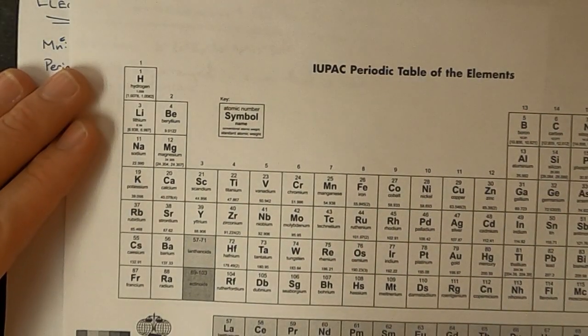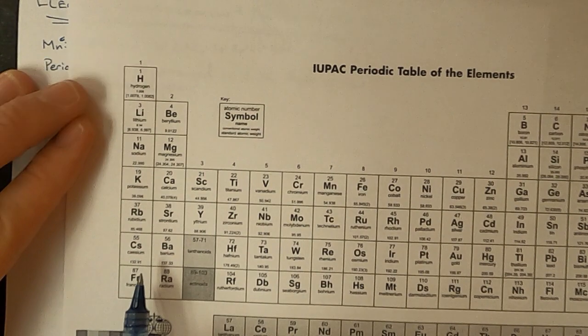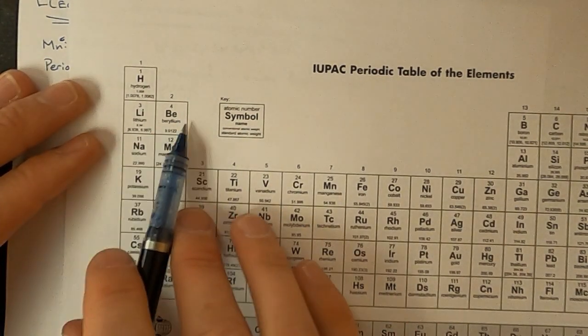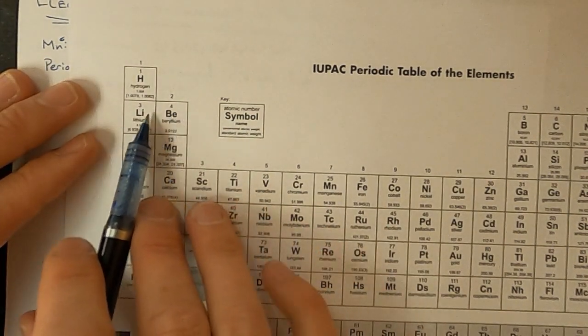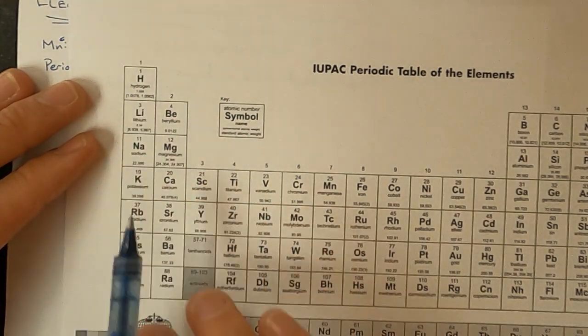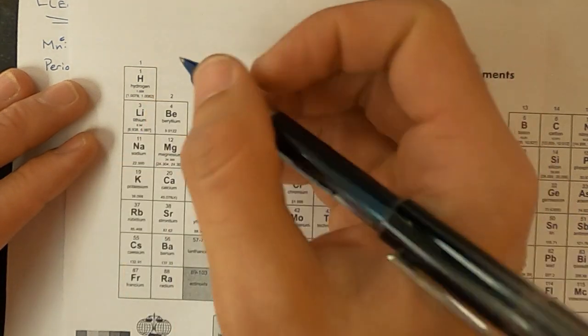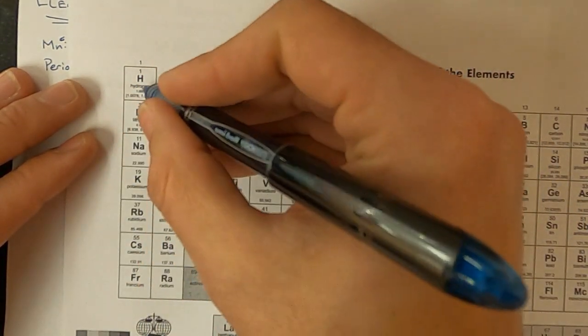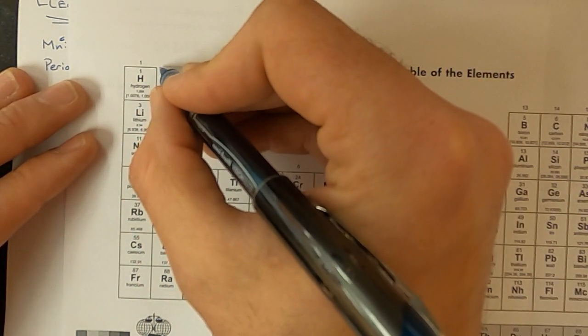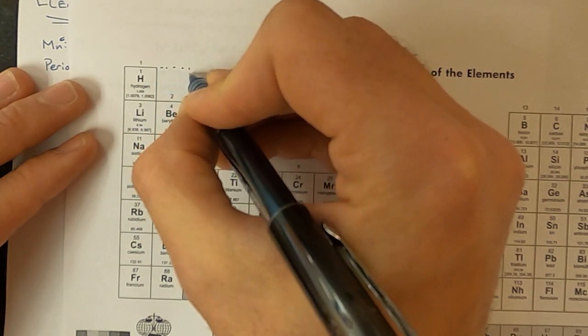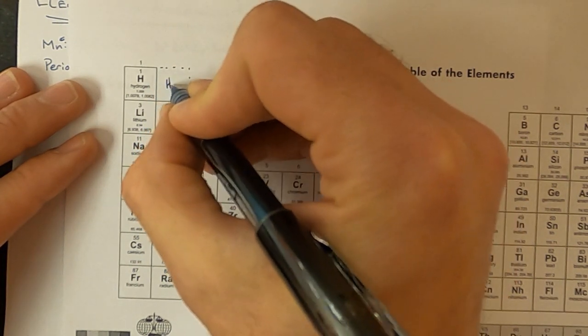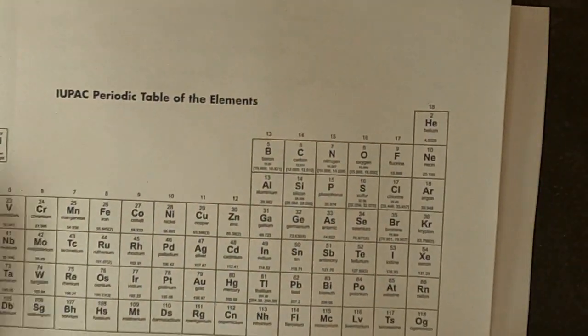Just like how each sublevel can have 2 electrons at most, this block of the periodic table is 2 elements wide. Because this block is 2 elements wide, it is called the s block. We also, to look at this pattern, assume that helium would be moved here from its current location.